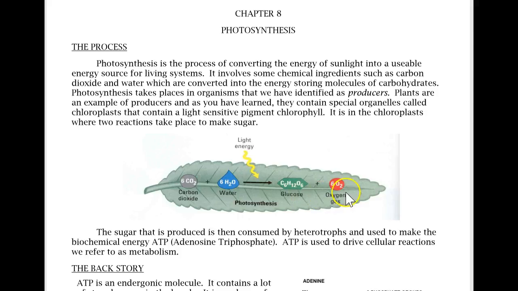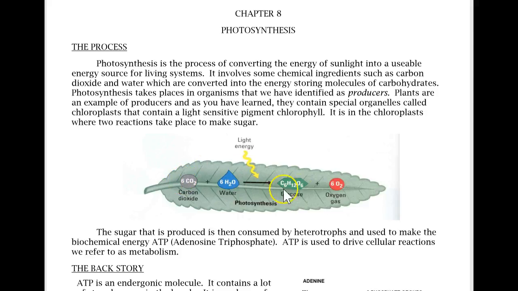And as a byproduct, when I say that word byproduct, it means that it's extra. It's something that the plant or the reaction produces that is extra. Byproducts tend to be waste products a lot of times because they're not typically used by the organism, but plants will use some oxygen, and then they'll release some oxygen as well.